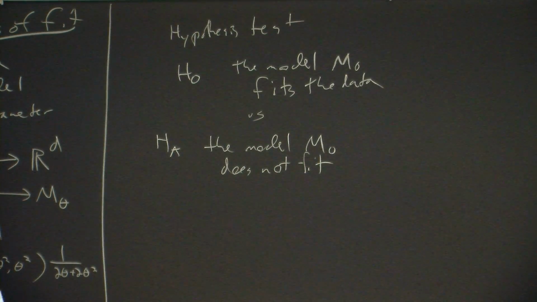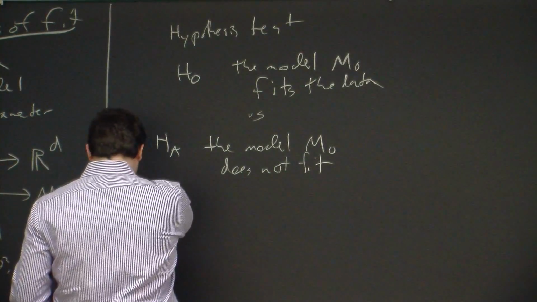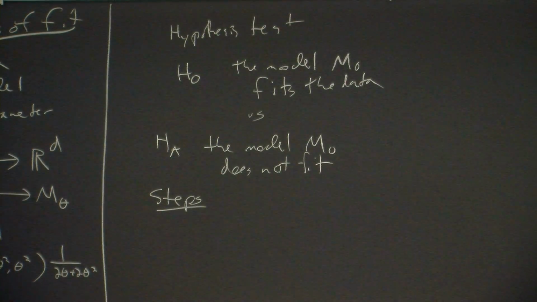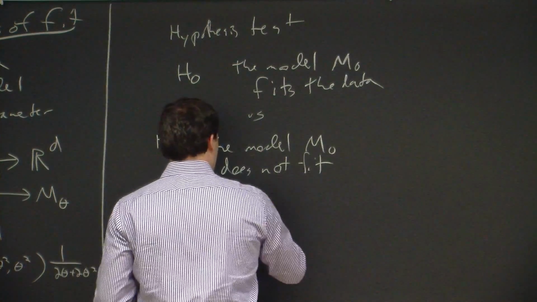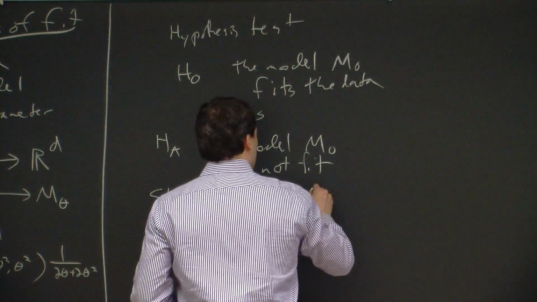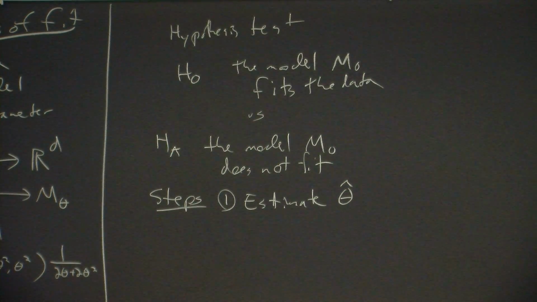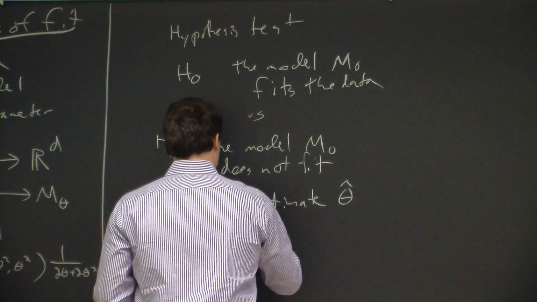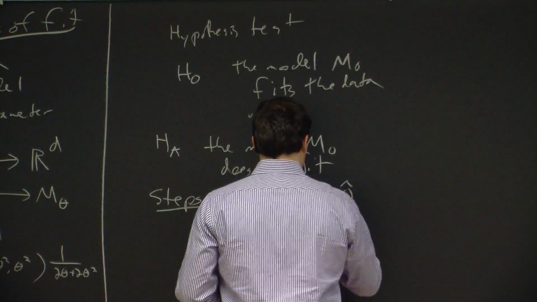Okay, so you can think about this as a multi-step process. Step 1, estimate the parameters: solve our maximum likelihood equation, run our iterative algorithm, decide what we think the parameters are. Step 2, calculate probabilities.